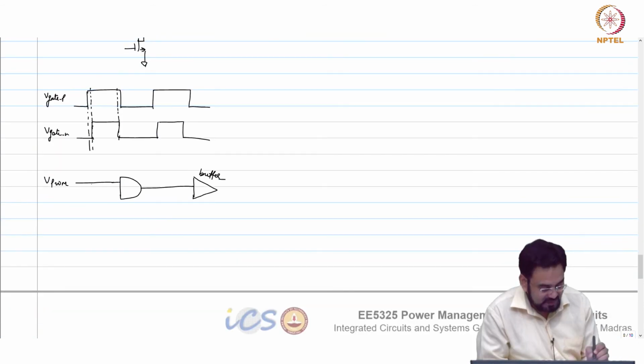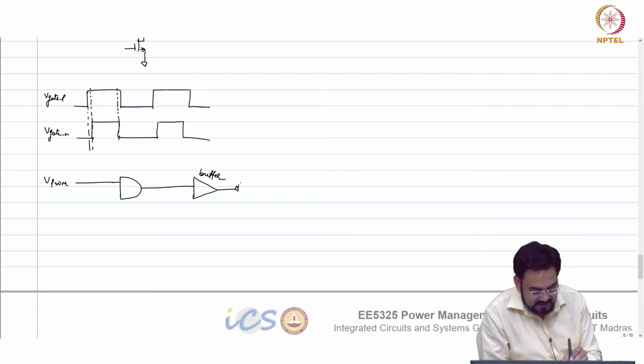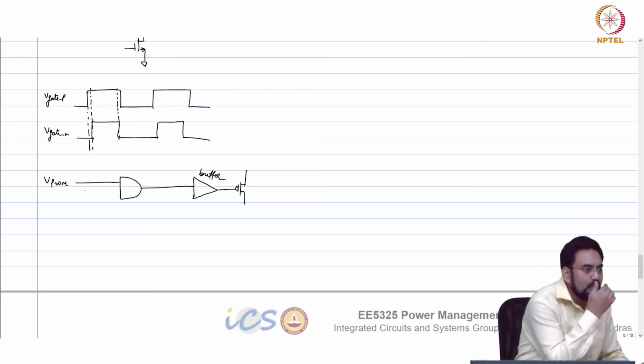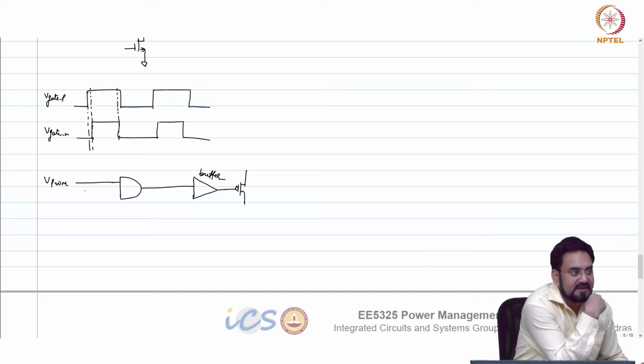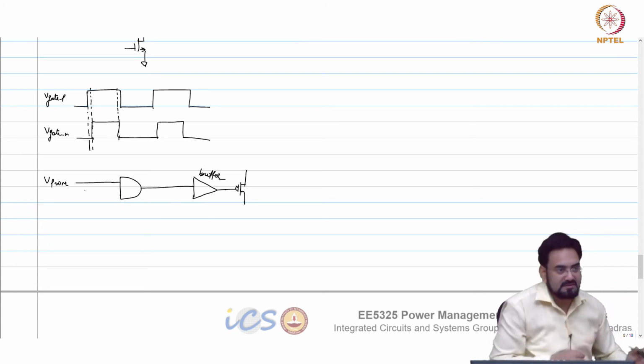Now I know this is PMOS. When PWM is going low, I have to turn it off, or make it high. So what logic is applied there? Which kind of gate will give you a forcefully high output when the input is 0? NAND gate, right?